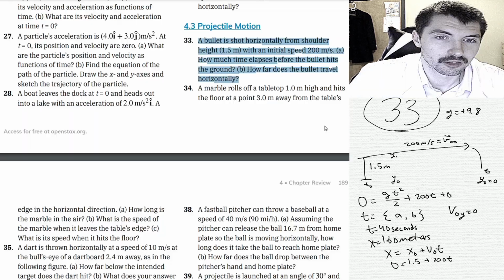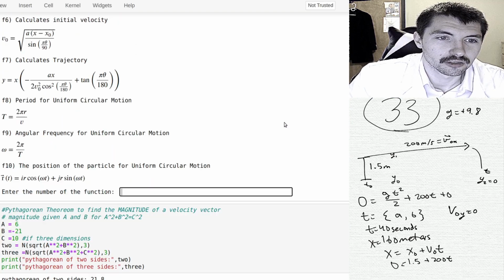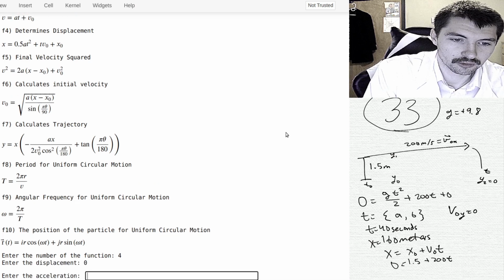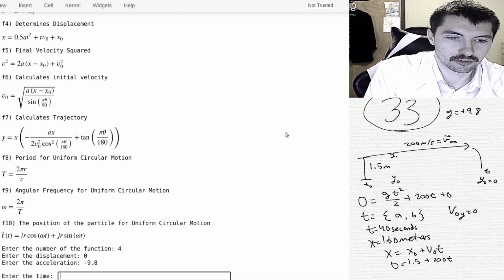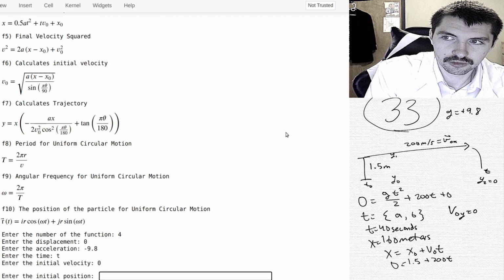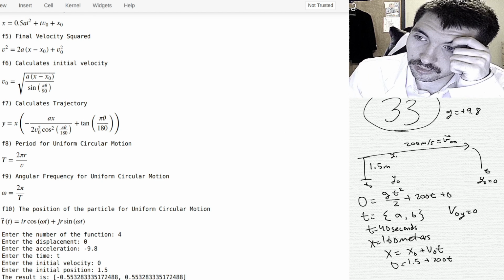Okay, that changes everything. So 0, negative 9.8 t. Initial velocity is 0. 0.5 seconds.